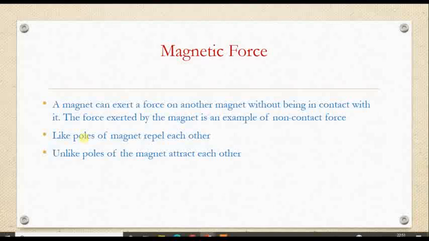The force exerted by a magnet is an example of non-contact force. We have also seen that like poles of a magnet repel each other, that means north will repel north, south will repel south. Unlike poles of a magnet attract each other, means north and south will attract. These are things we have studied in the video.